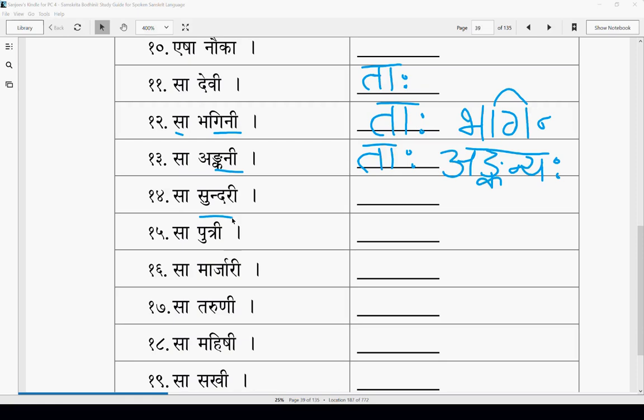Okay. Sa Sundari changes to Etaha Sundaryaha. Yes, good.